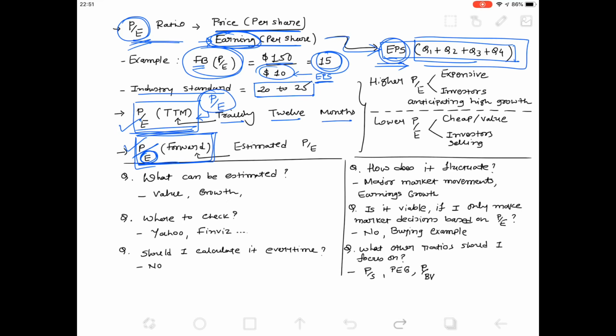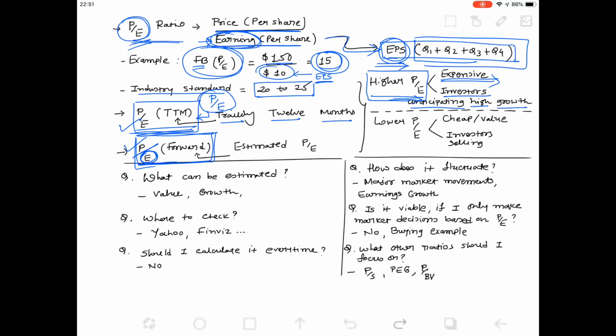Now, how does it matter? So let's say the company PE ratio is higher. That means the company stock is expensive and investors are anticipating higher growth. Okay, for example, Amazon. So Amazon PE ratio is higher than the industry standard.